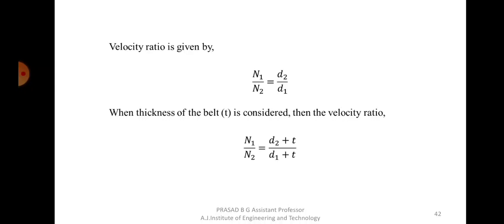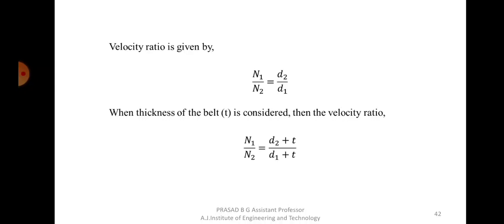Now if we consider the thickness of the belt, we have not considered the thickness of the belt, isn't it? We are only considering the speed of the pulleys and diameter of the pulleys. If we also have to consider the thickness of the belt along with the diameter of the pulley, then it will be diameter of the pulley plus the thickness of the belt.